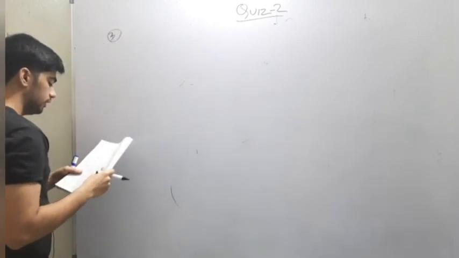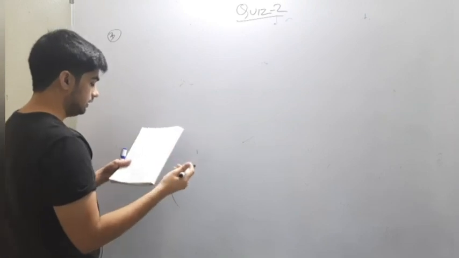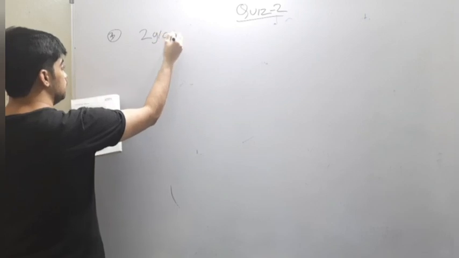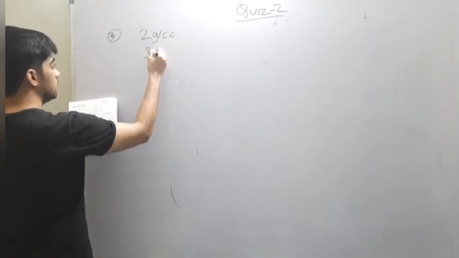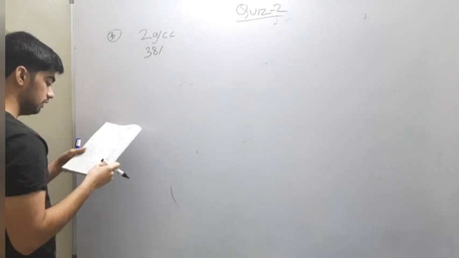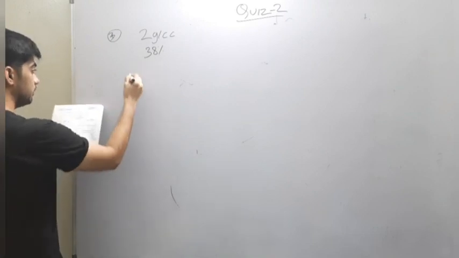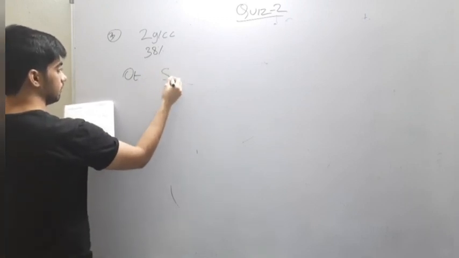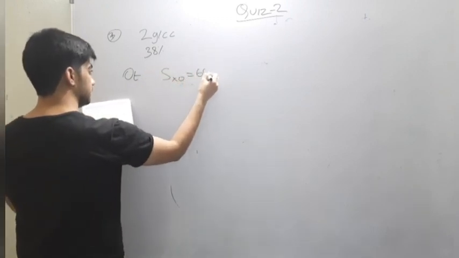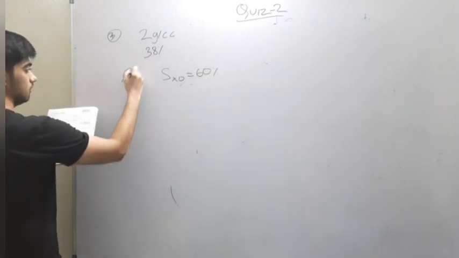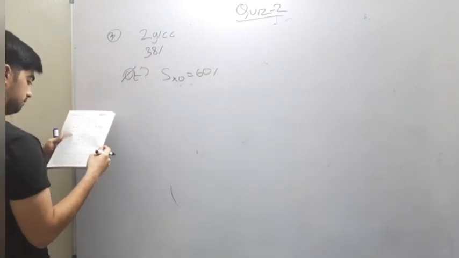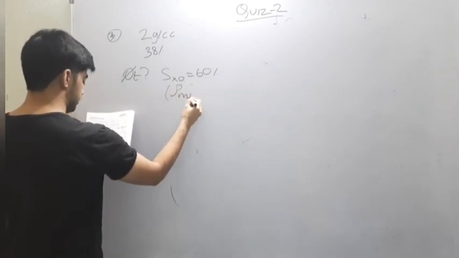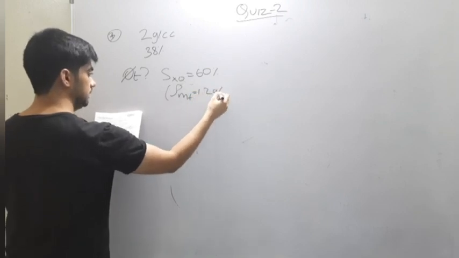So it talks about a gas bearing sandstone formation and a density tool is used which reads 2 gram per cc or 38%. Find the true value of porosity given that the saturation of mud filtrate is 60%, and rho of mud filtrate is also given, which is 1.2 gram per cc.